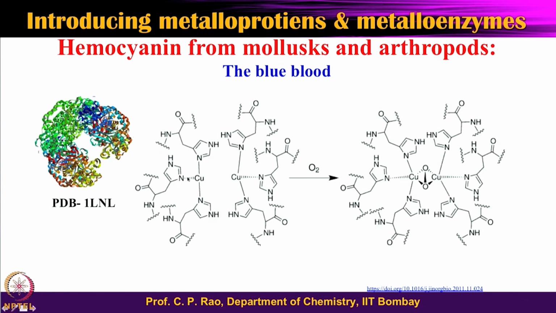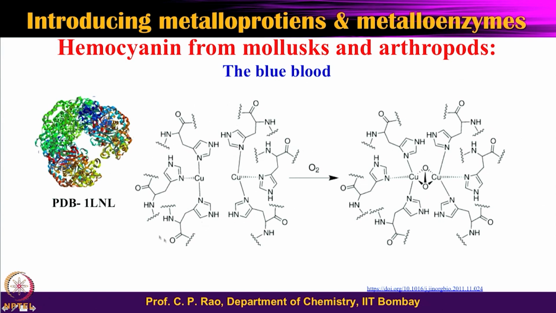Inside each subunit you have 2 copper centers, farther apart by about 3.5 to 4 angstroms or so, and each one has 3 histidines: 1, 2, 3 here, and similarly 1, 2 and 3 here, and the copper is in the copper 1 form.